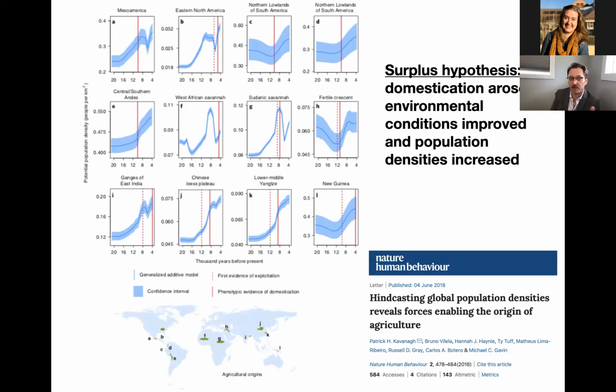But pretty much all of them, because domesticates are all so genetically sequenced now, for most of them we know the origin of domestication change. And you just see that across the globe, for this window that human cultures were actively working on their domesticates, you see positive conditions across all of the locations, supporting the surplus hypothesis.